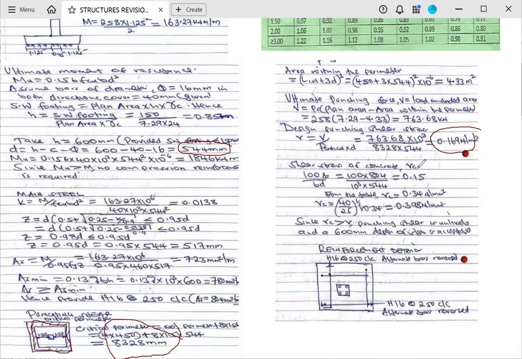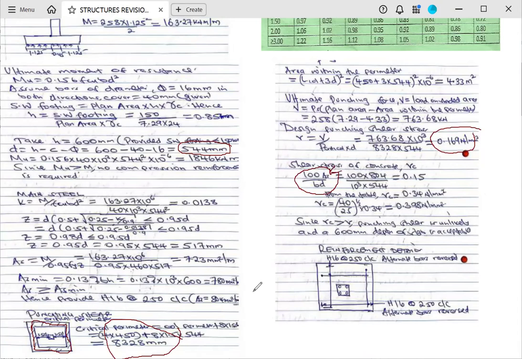Shear stress of concrete VC, in simple terms, it means the capacity of shear the concrete can withstand. For this case, we do what? We have to compute a parameter 100 AS over BD. And in the previous lecture, we said that this AS is the area provided.